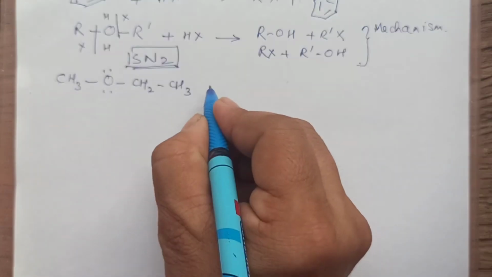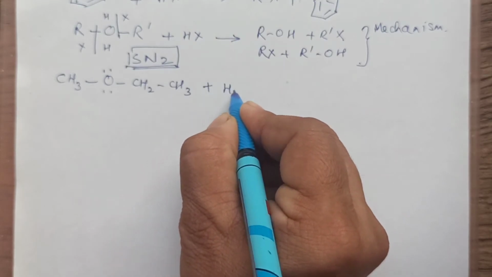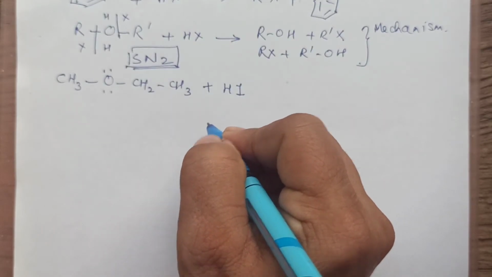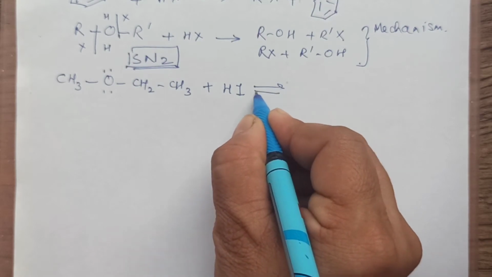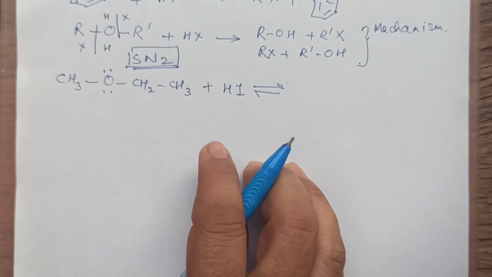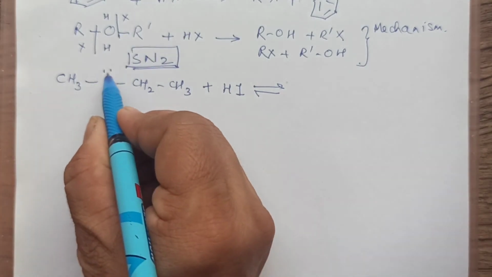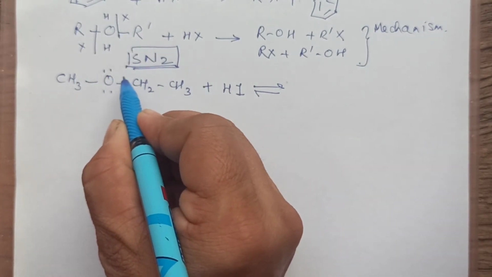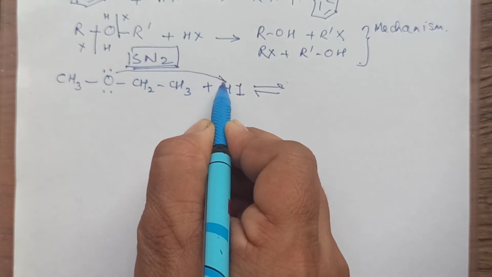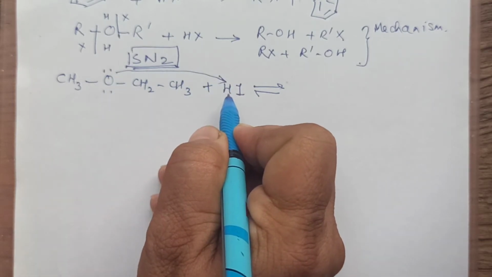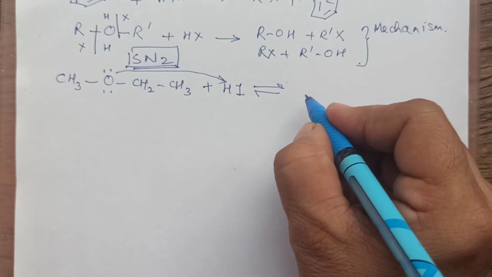First we are reacting this with HI. Now in this there is definitely H and I, so one of them will get attached first. There are two lone pairs, so one lone pair takes this H. This lone pair is given to H, and H leaves and gets attached there.